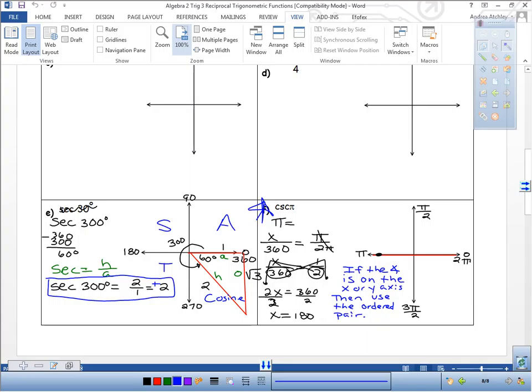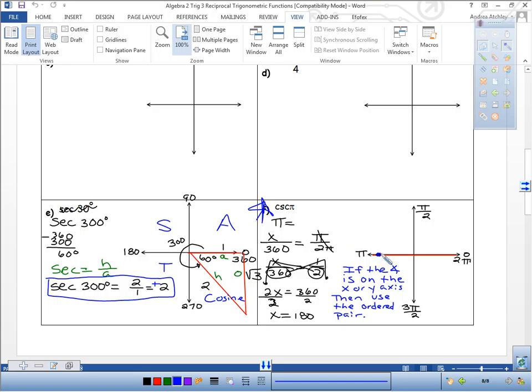Okay, so if you're going to get 0, 90, 180, 270, or 360, then your angle is going to be on one of the axes, the x-axis or the y-axis. So instead of drawing a triangle, because you can't, then you use this point.